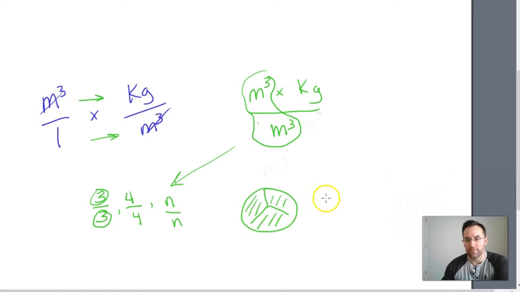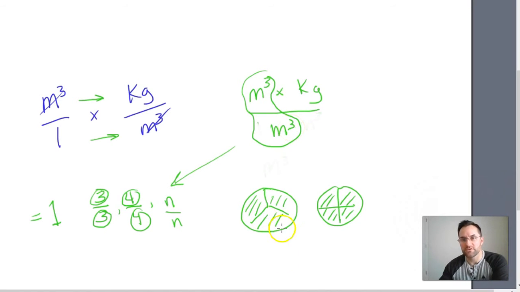If we had 4 of 4, in both cases we have 1 whole. So a value over itself is equal to 1 whole. So we see right here, meters cubed over meters cubed is 1 whole value.